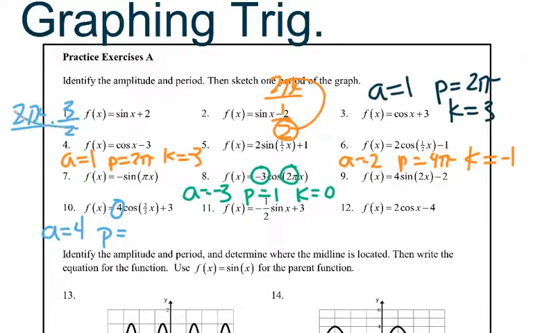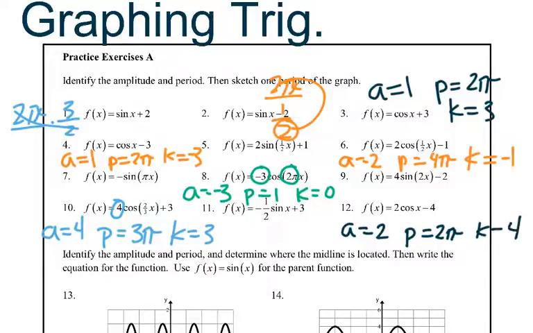So 3 pi, k equals 3. Okay, and number 12, amplitude of 2, period of 2 pi, and a k of -4.